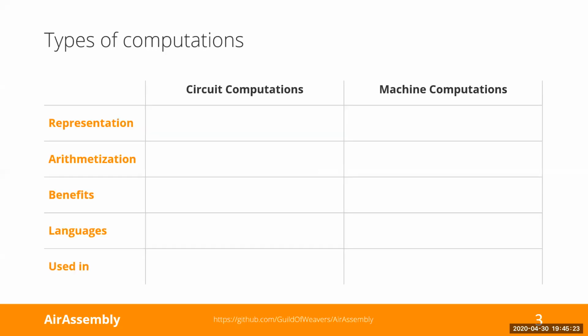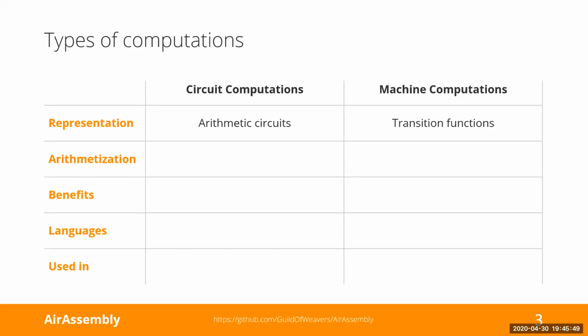So first, just to set the context, we can think about computations in 2 different ways. There are circuit computations and machine computations. Again, a lot of this is going to be very familiar to you, and this is not going to be an exhaustive comparison. I'm going to be missing huge nuances here. But in general, you can think about computation in these 2 ways. The representation for circuit computations is arithmetic circuits.